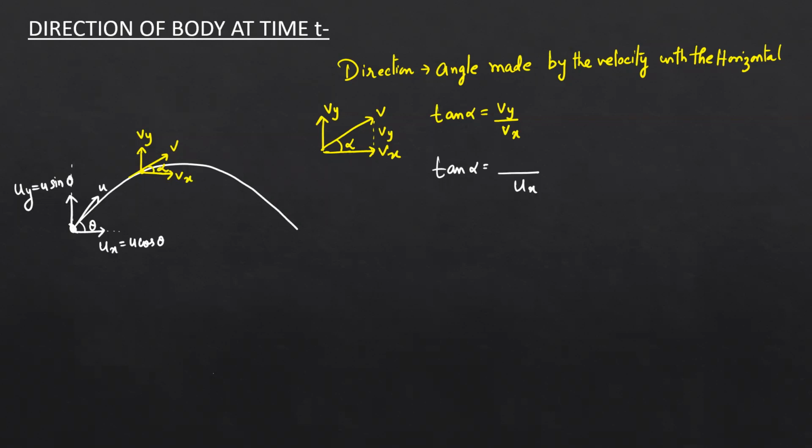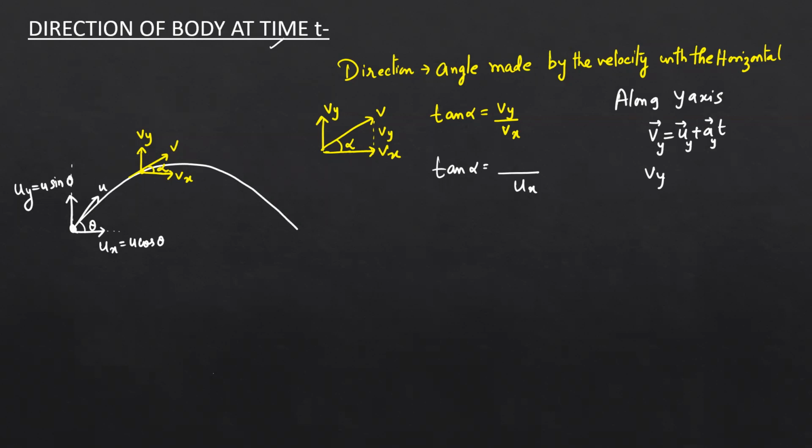Now, since along the y-axis acceleration is there, I can use the kinematic equation, because he's asking at time t. At time t, I need to find the velocity. So I can easily use the kinematic equation v equal to u plus at. Since we are applying it particularly along the y-axis, I'll write it as vy equal to uy plus ay into t.